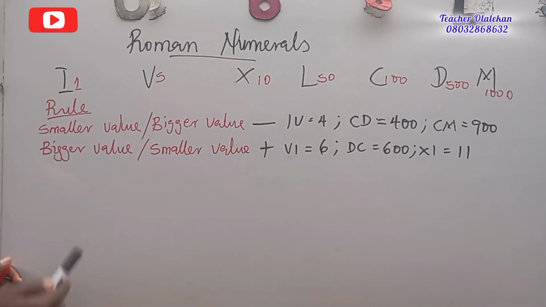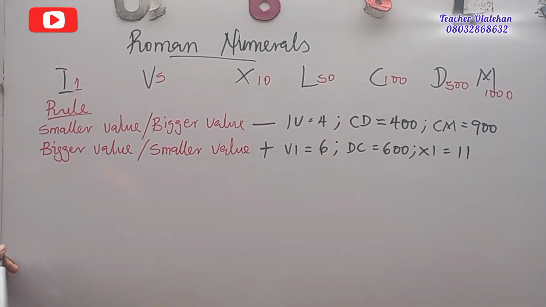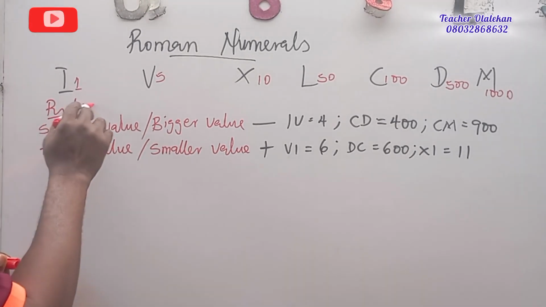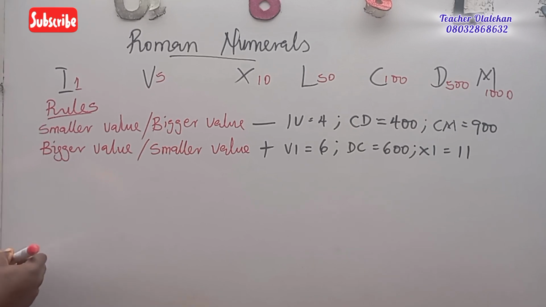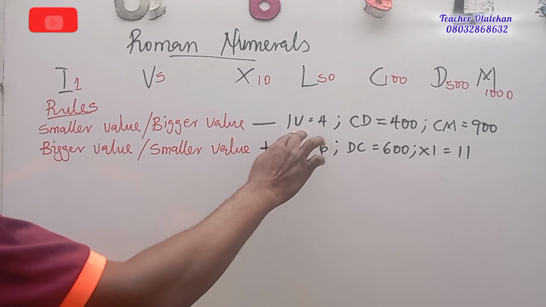So now let's try to have the 1 to 10, and after the 1 to 10, let's have the breakers, like the 10, 20, 40 to 100, and we see that these are the two basic rules that are used. The rules are just that when a smaller value is to the left of a bigger value, it means you take away.